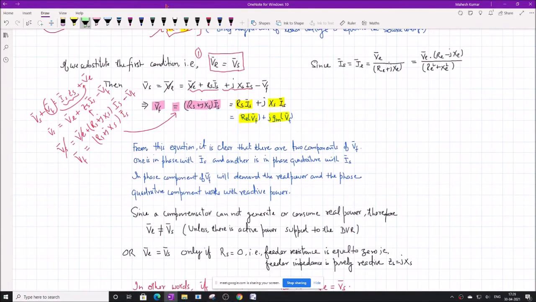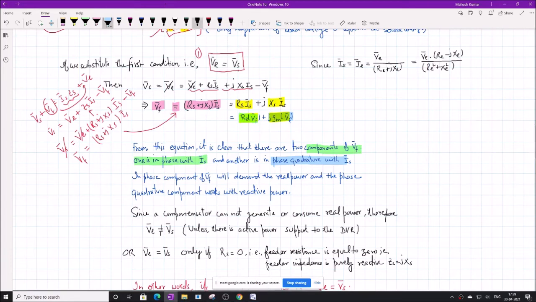There are two components: one component is in phase with IS, and the second one is in phase quadrature with IS. The phase quadrature component with IS is most welcome because it will only manipulate the reactive power.